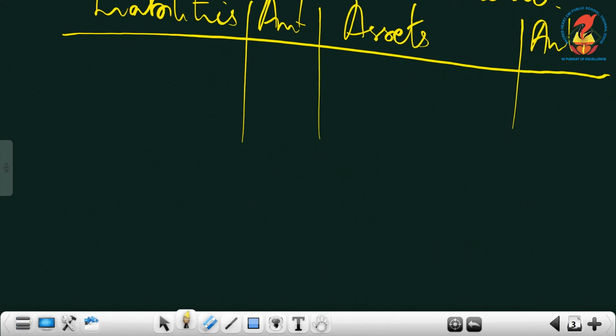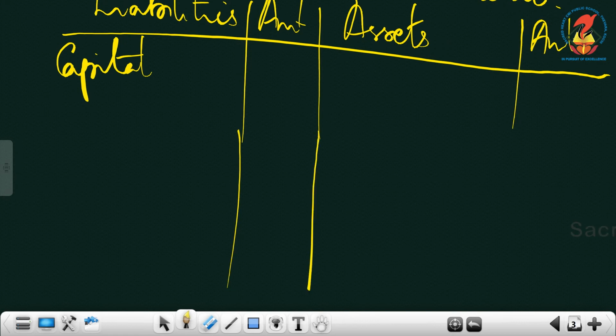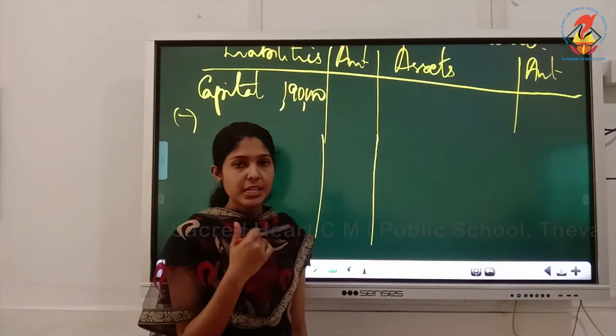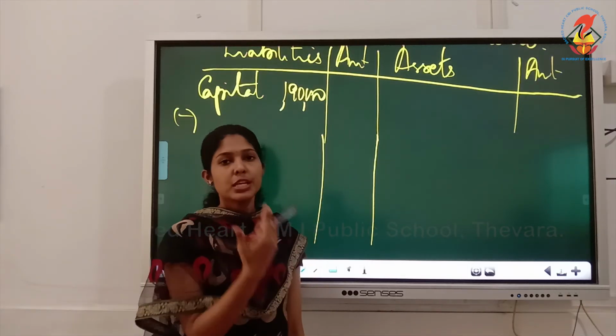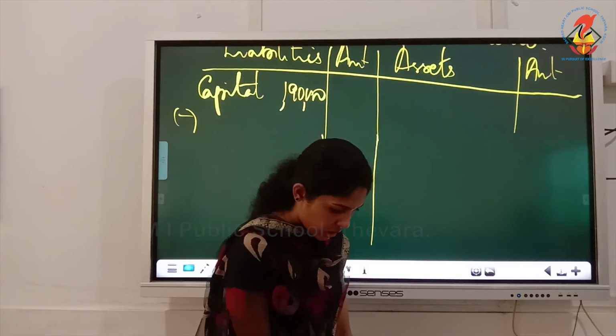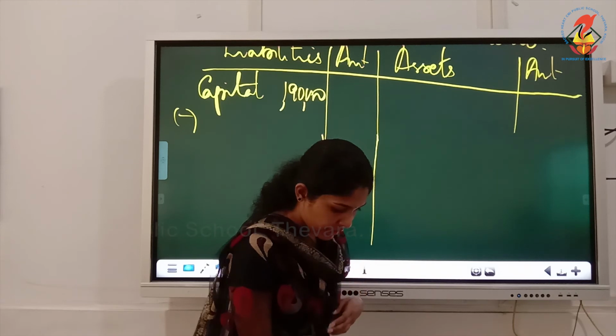Okay, you can start with capital on the liability side. I'm following the order of permanence. So starting with capital, it's 1,90,000. Write it in the inner column. Then usually we'll be writing add net profit, but here it is net loss, so you must deduct it. So less net loss. What is the figure of net loss?